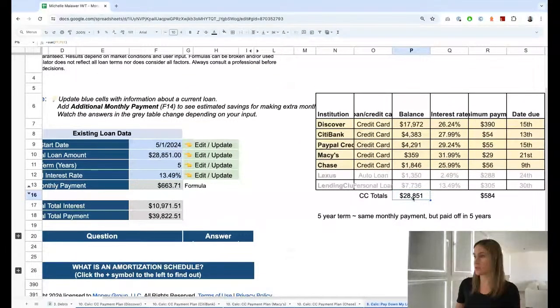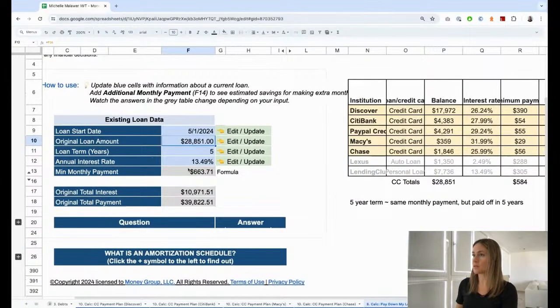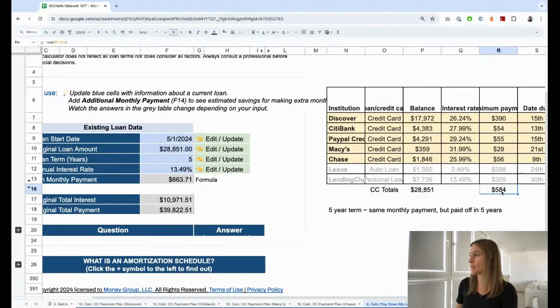So let's say we get a personal loan for exactly that amount, which you might want to get a little bit more, depending on the person's situation. And I was trying to get as close to the current monthly minimum payment. The current monthly minimum payment is a total of $585.